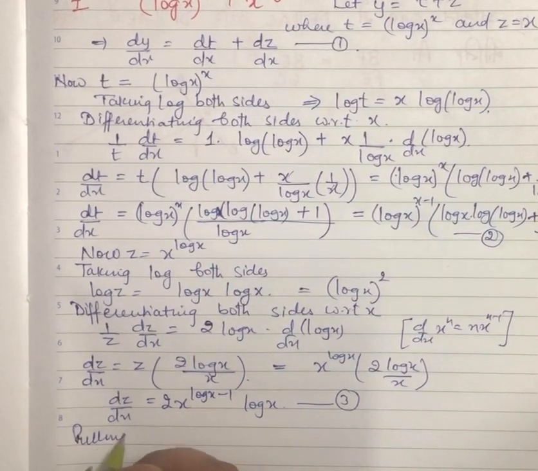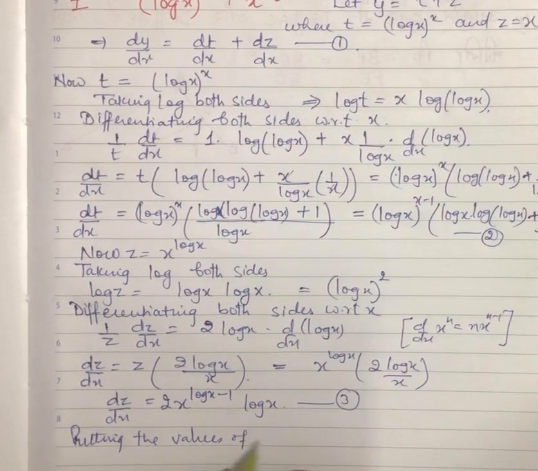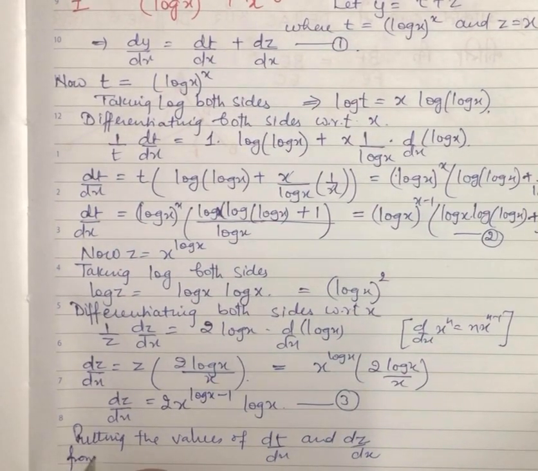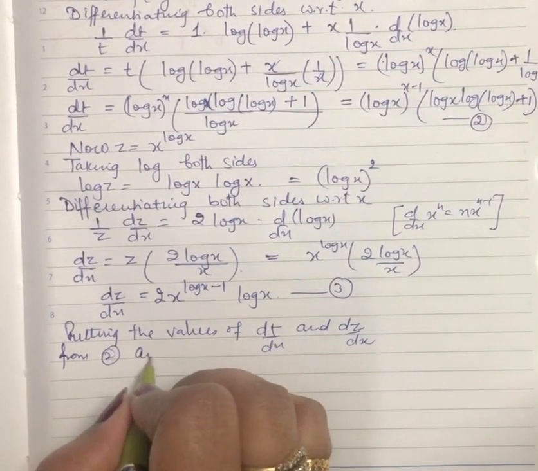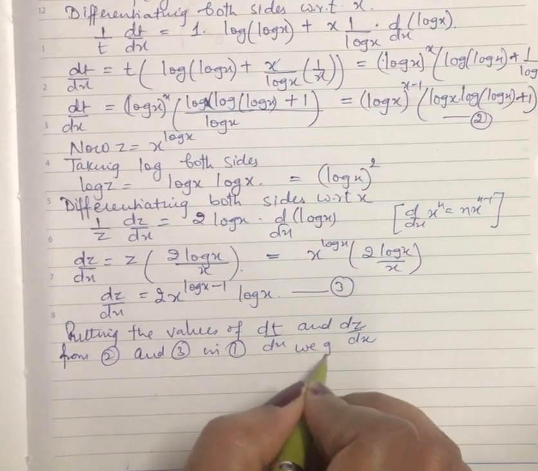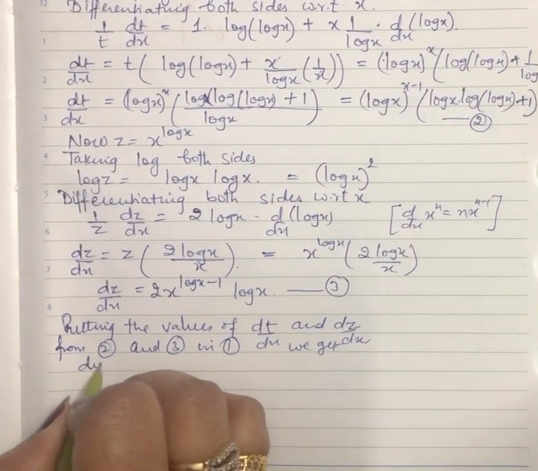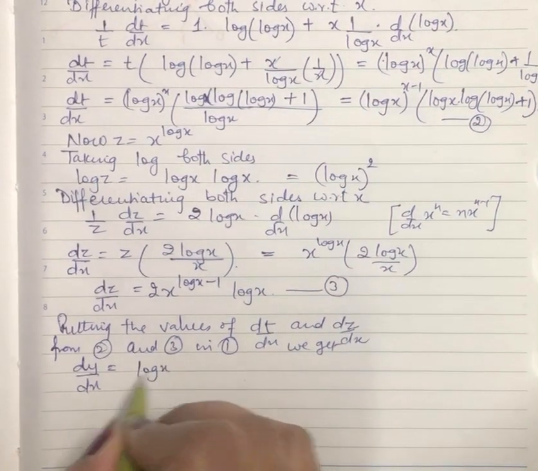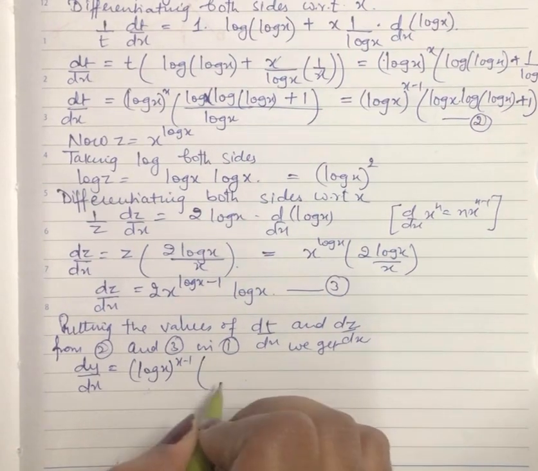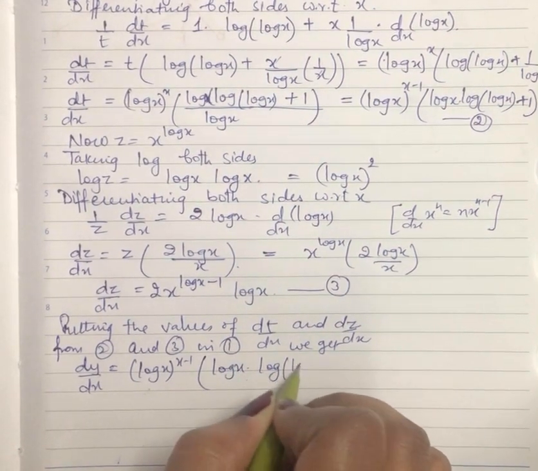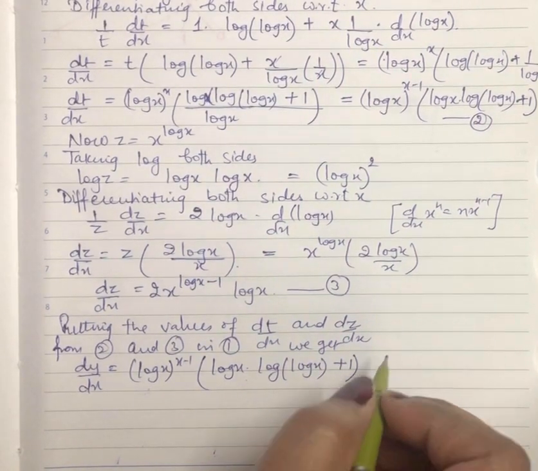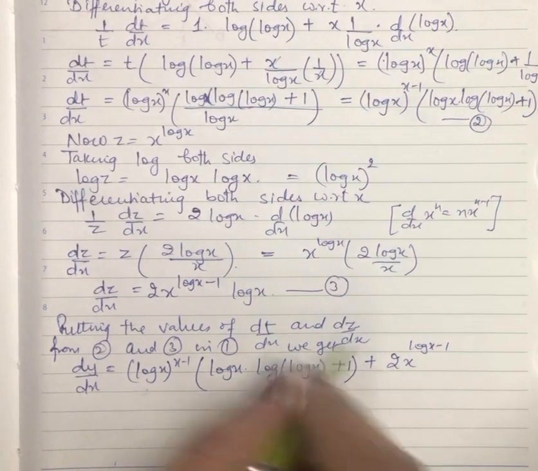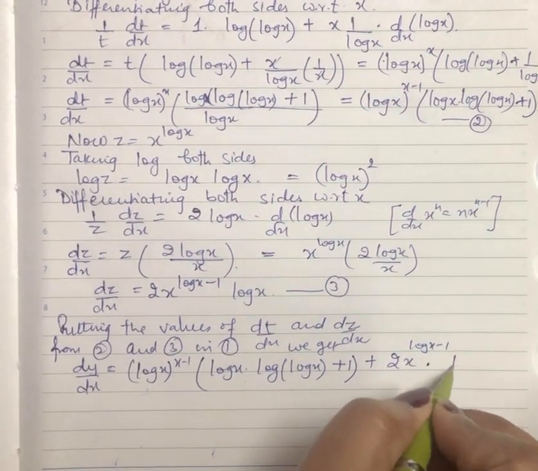So putting the values of dt by dx and dz by dx from second and third in first, we get dy by dx is equal to, dt by dx is log x to the power x minus 1 bracket log x into log of log x plus 1, and dz by dx is plus 2x to the power log x minus 1 into log x.